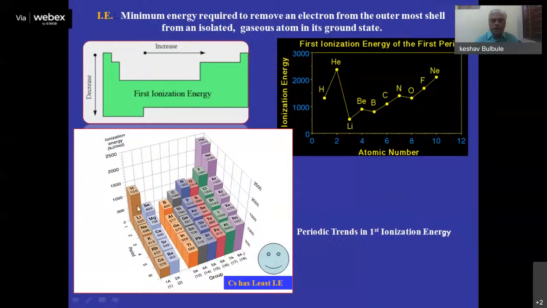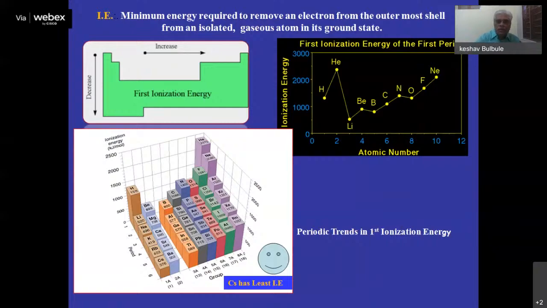And in fact, in any group, ionization energy decreases from top to bottom, whereas as one moves from left to right, the ionization energy keeps on increasing. This trend is going to be quite interesting in D block elements, which we are going to study in the forthcoming slides.